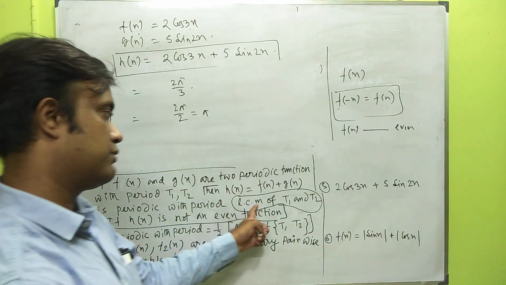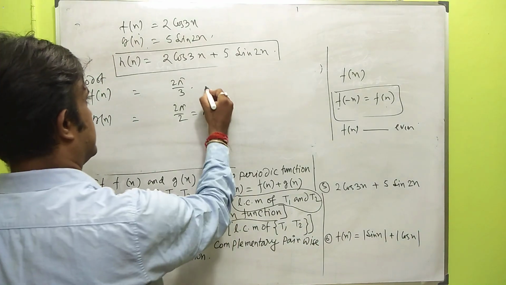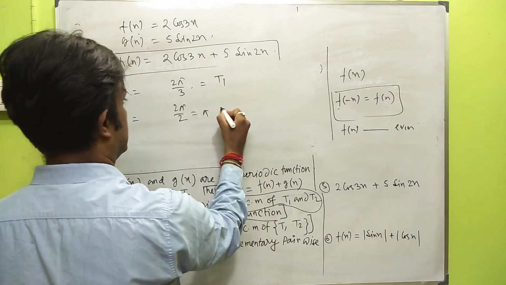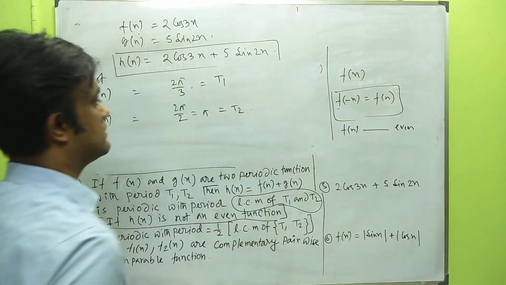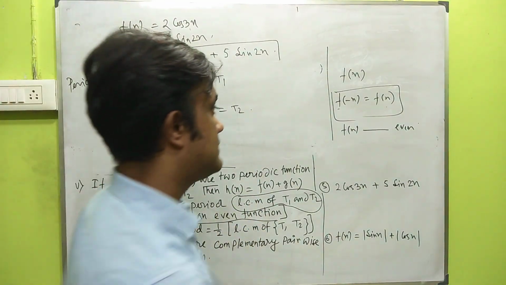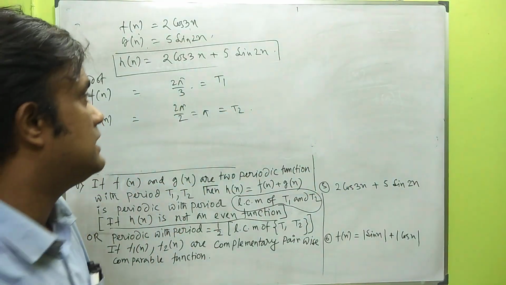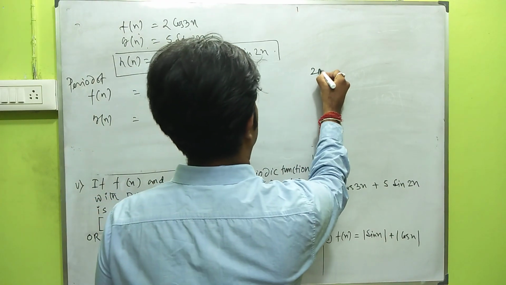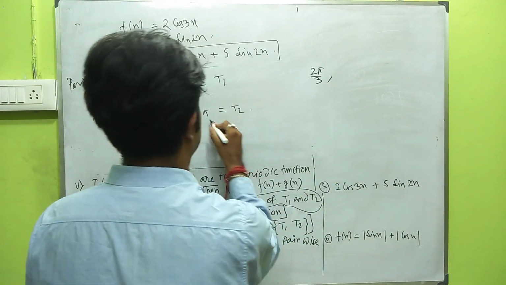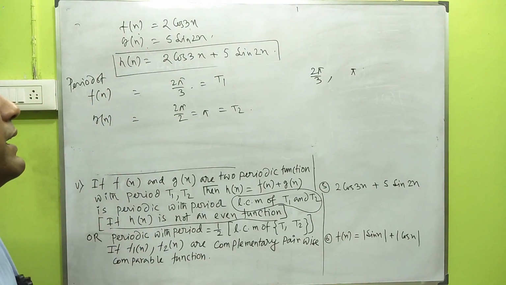Now we have to calculate the LCM of T1 and T2, this is T1 and this is T2. So now we calculate the LCM of 2 pi by 3 and pi.